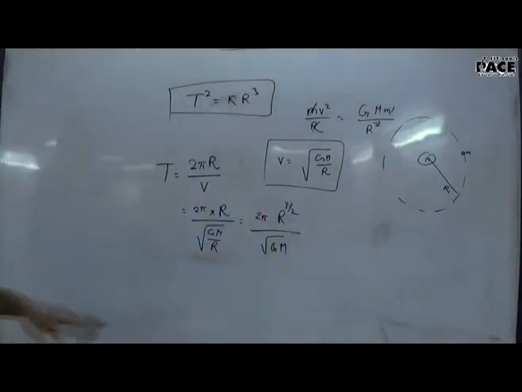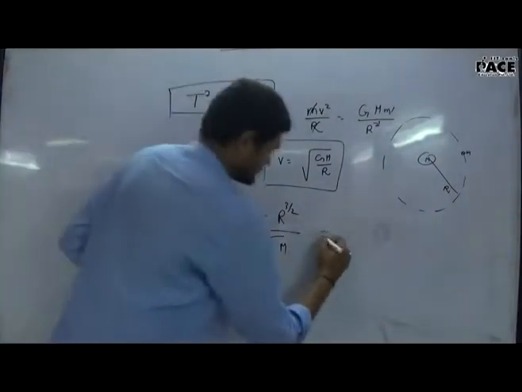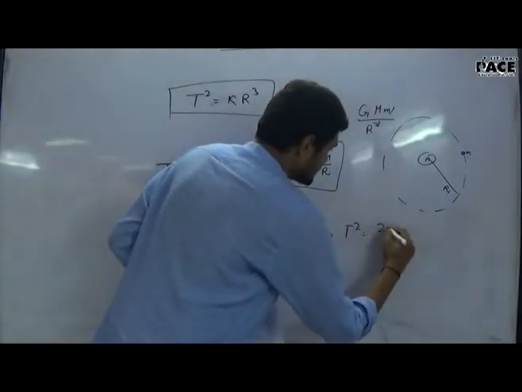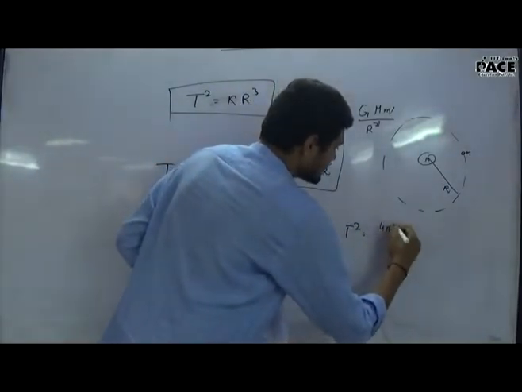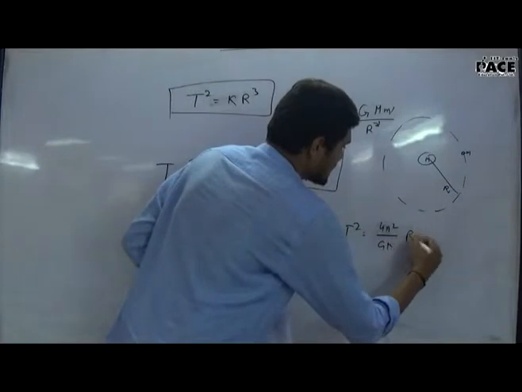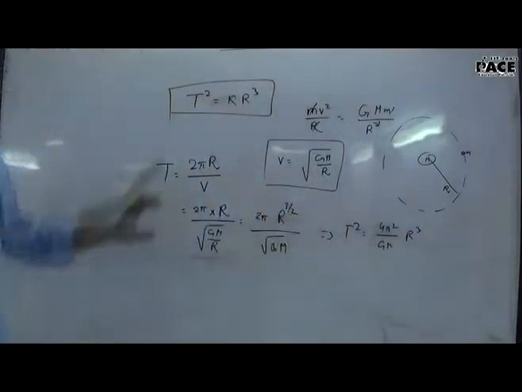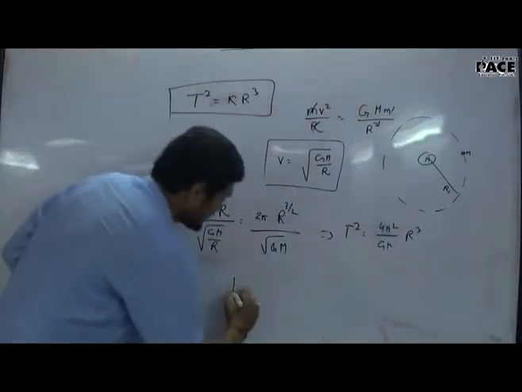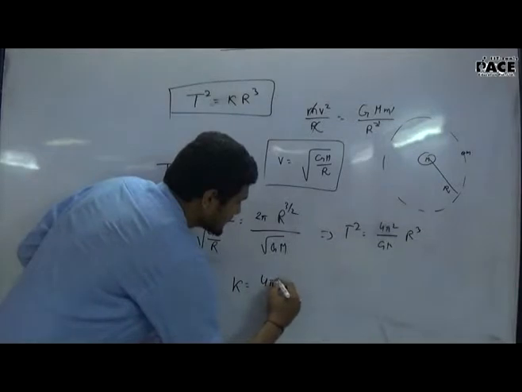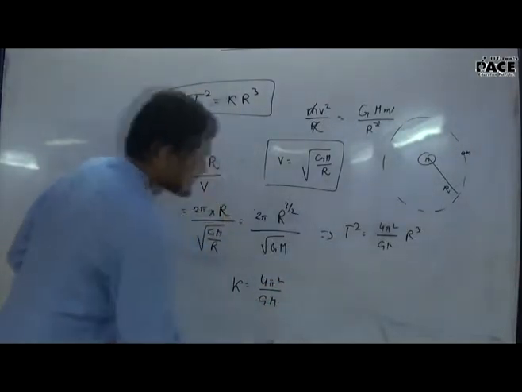Now if we square both sides, you get T squared equal to 4 pi squared upon GM into r cubed. Now comparing these two equations, we can say k is equal to 4 pi squared upon GM.